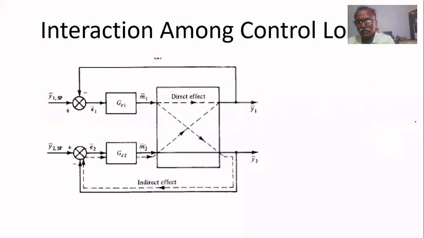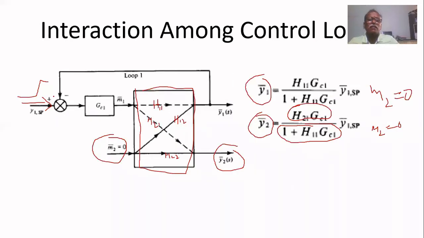In that case, there are two types of interaction. One is direct interaction. What we have seen in y2 is called direct interaction because of M1. This is called direct interaction of M1 on Y2.